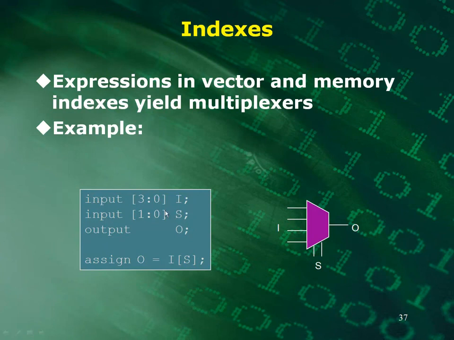And so these 2 bits will select one of the 4 bits of the input. So if s is 0, then it would select the 0th one of i. If s is 3, 1, 1, then it'll select the i of 3 for the output. So you can do that type of thing. That's synthesizable.